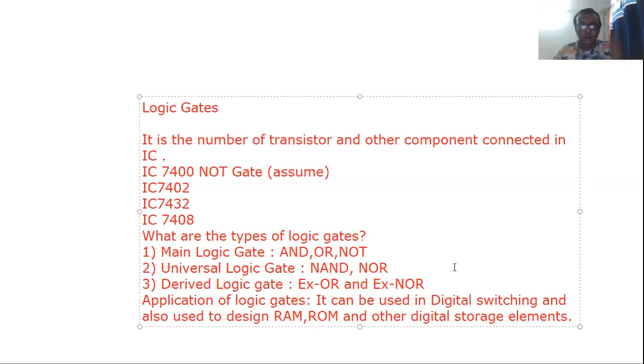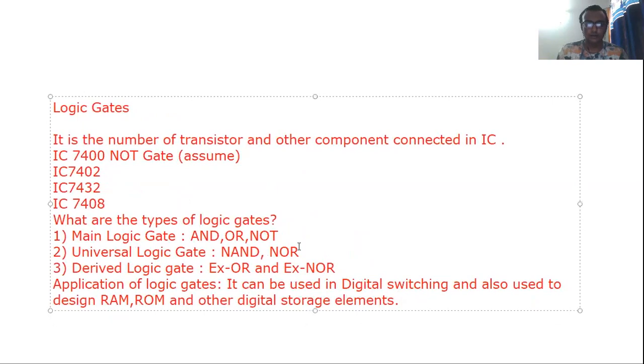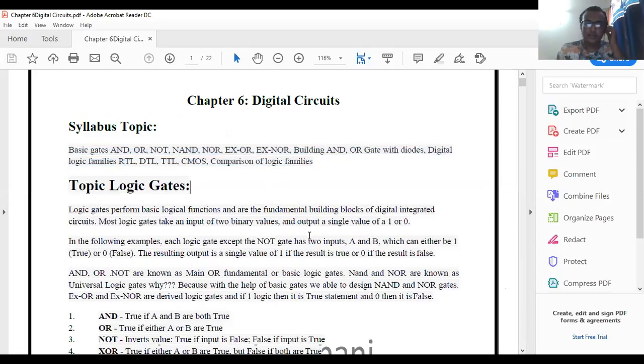Now, what is the other parameter of logic gate that I will discuss here? So this is the basic concept regarding the logic gates. Now see this. First of all, logic gates perform basic logical functions and are the fundamental building blocks. What is the input of logic gate?